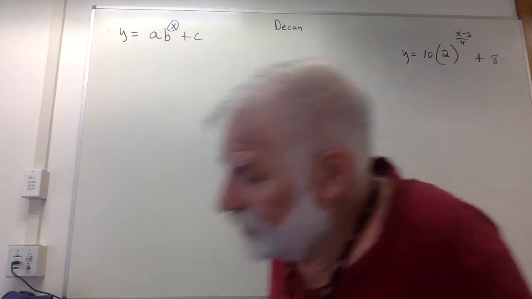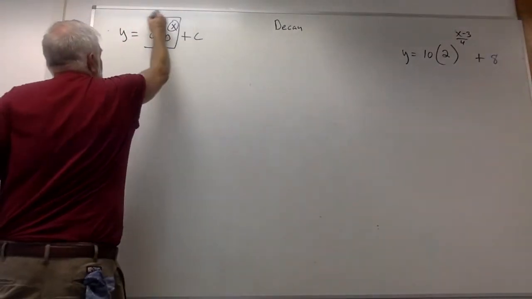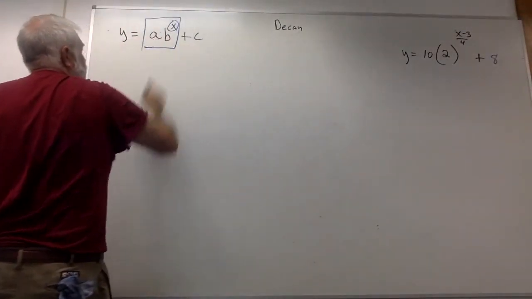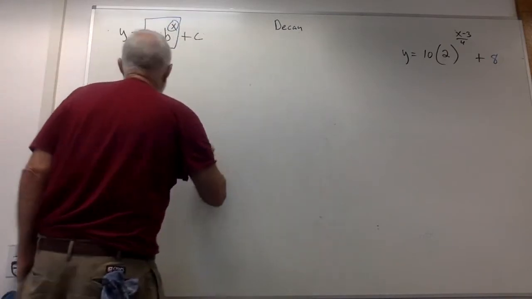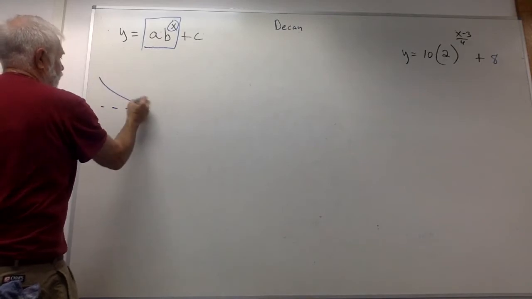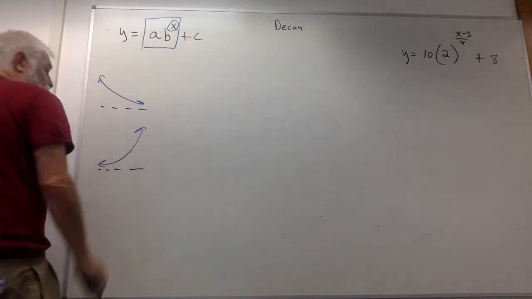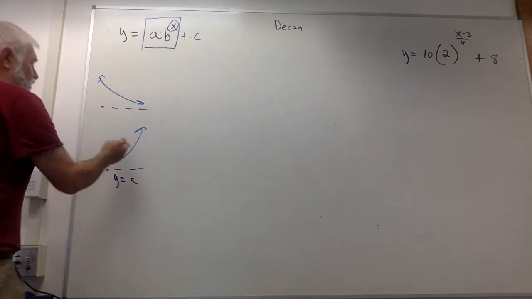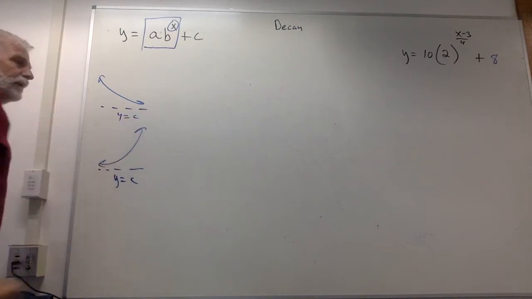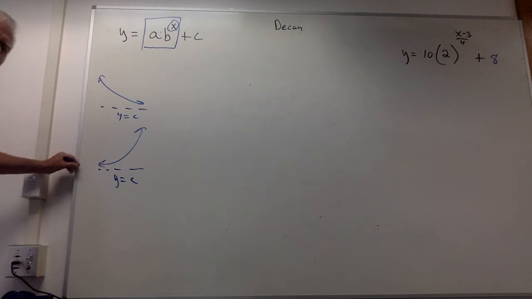All right, so let's take a look at, in general, a b to the x plus c is going to give us one of two types of graphs. Decay, which looks like that, and growth, which looks like that. They have one thing in common. They're both built on some kind of constant. Either we're growing from something that's minuscule for the longest period of time, almost an infinite amount of time.